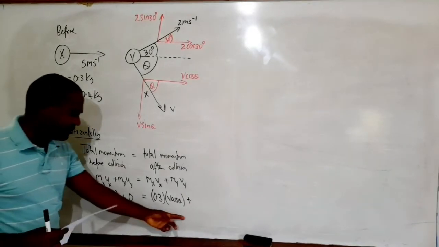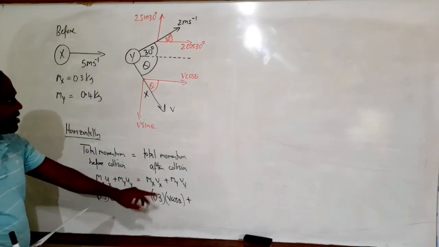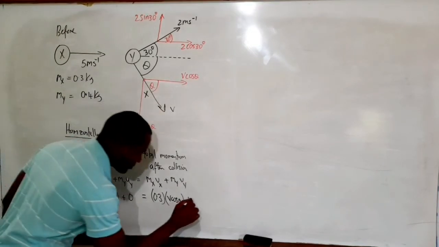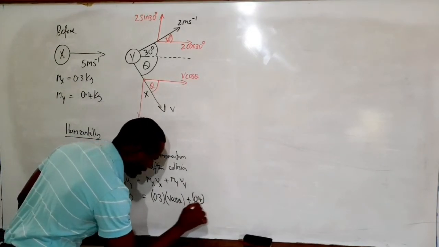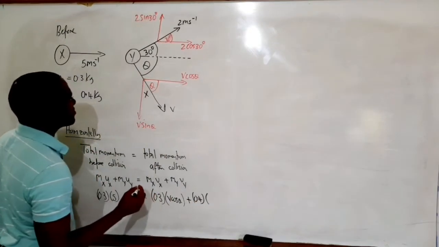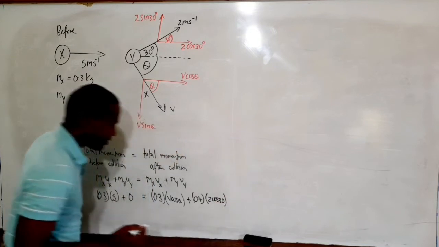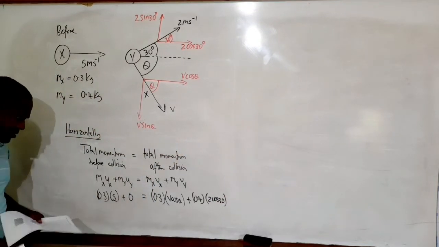So this is 0.3 v cos theta for x, and then for y it would be 0.4 times 2 cos 30, right?